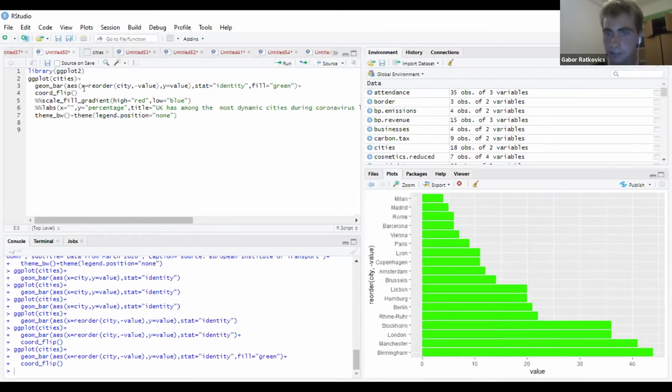But a better way to use colors in visualizations is to actually supply it as an aesthetic. In particular, if a feature of the data is used for coloring, then the colors can have a special meaning. In this case, I would like to use my percentages to show up as colors.